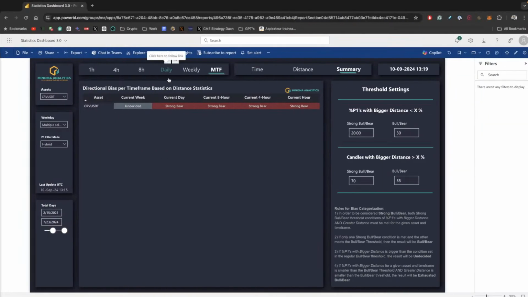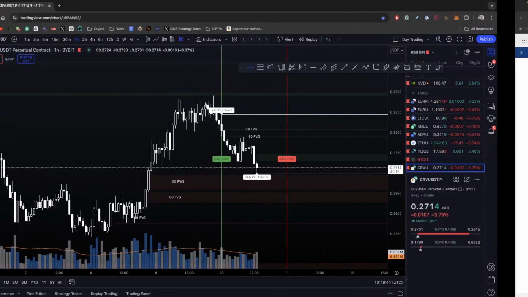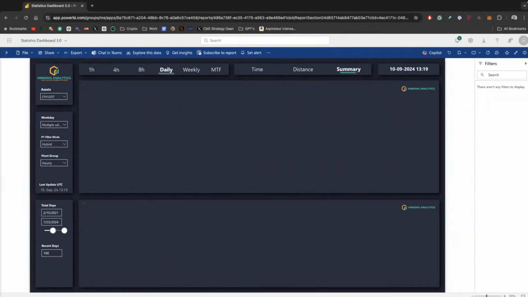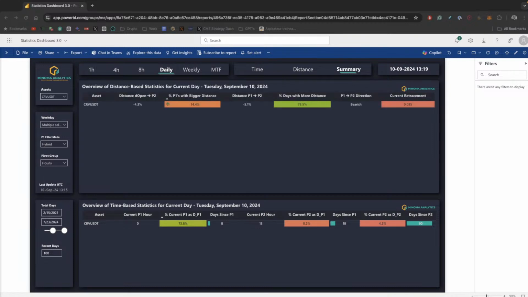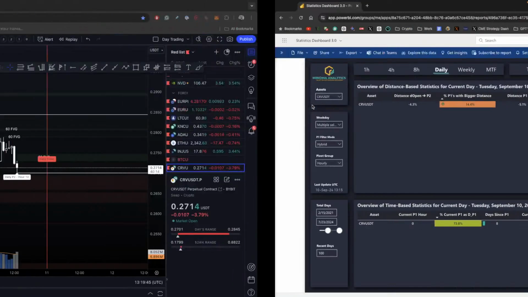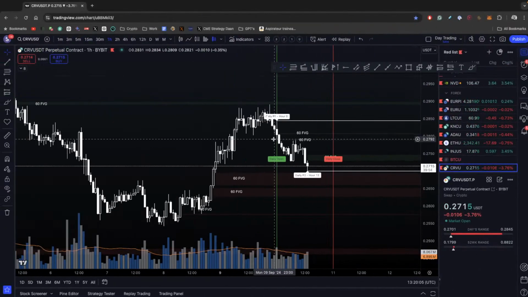So we have CRV right here, and if I go to the daily, oh yeah, that's looking pretty good. That's looking pretty good. So 78.5% of days have more distance to the downside.